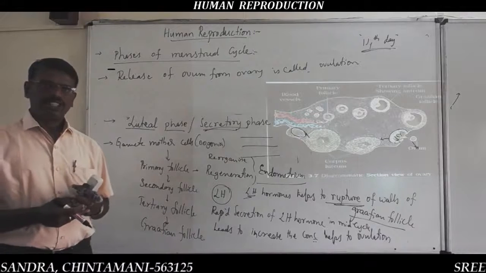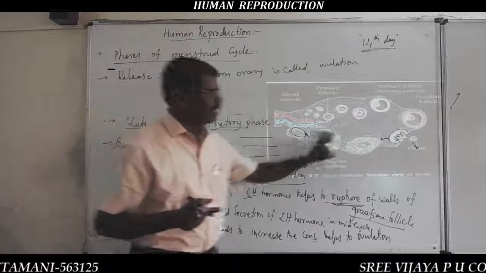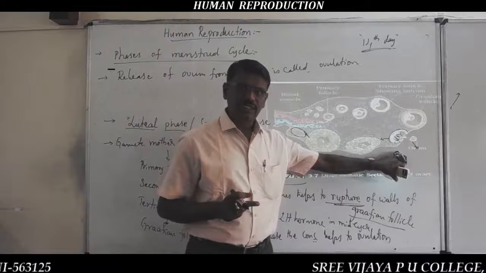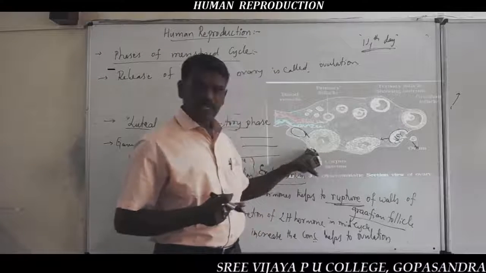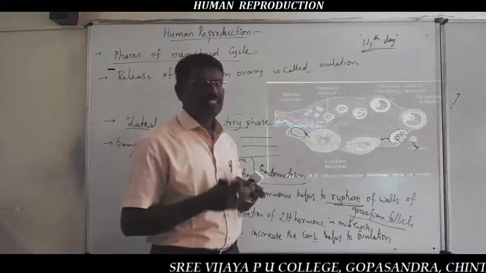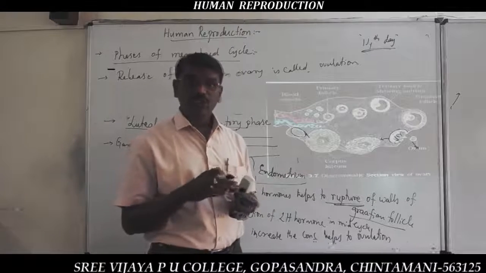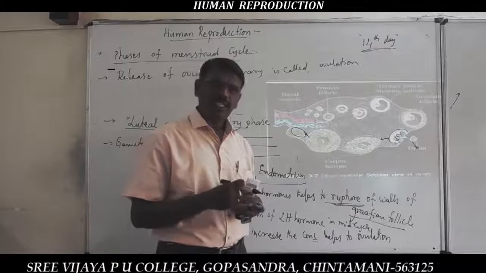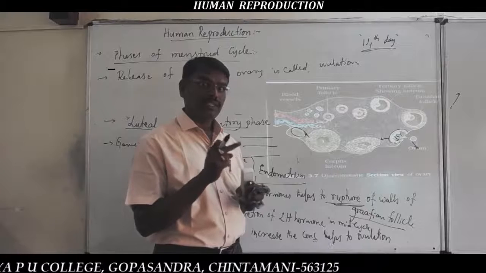Then once again the menstrual cycle starts after 28 or 29 days.